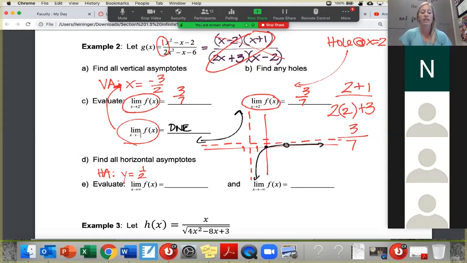Now, can I find the limit as x approaches infinity and -infinity? Okay, so let's go back to looking at the graph there. As x heads off to infinity, which side of the graph are we following, the left or the right? The right side.